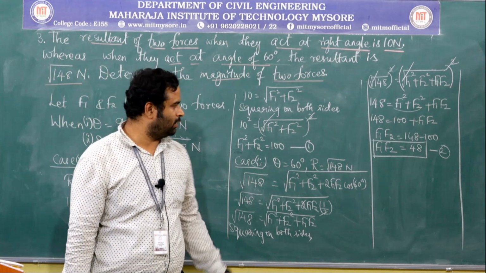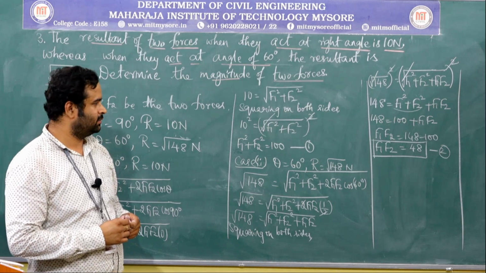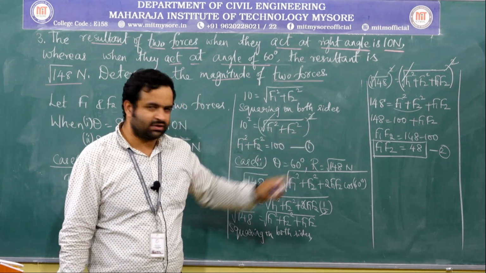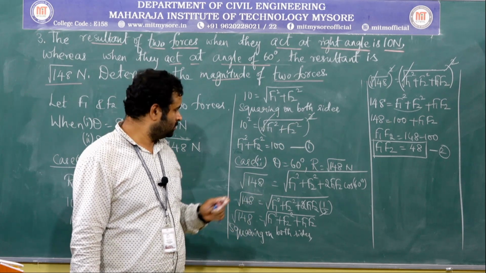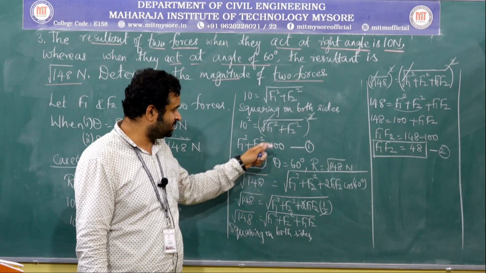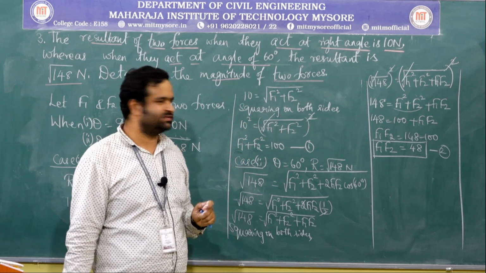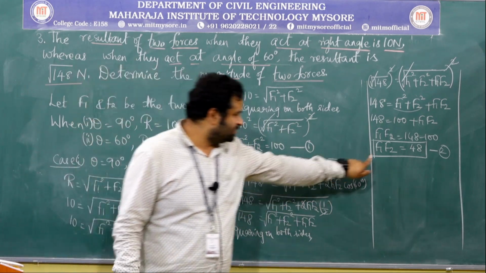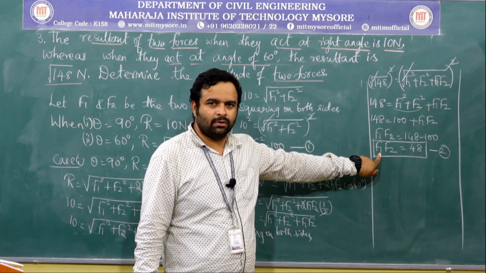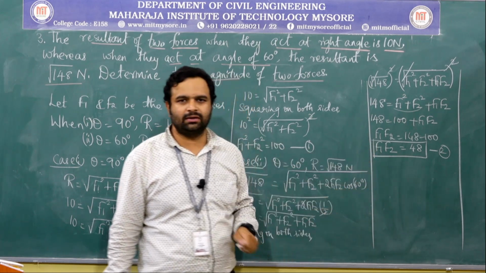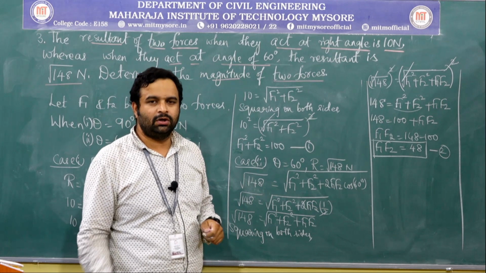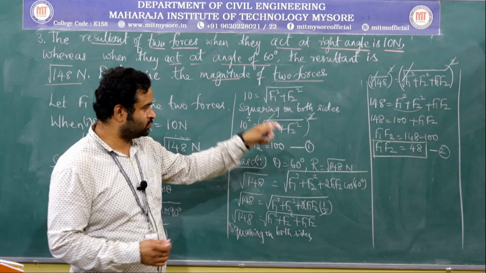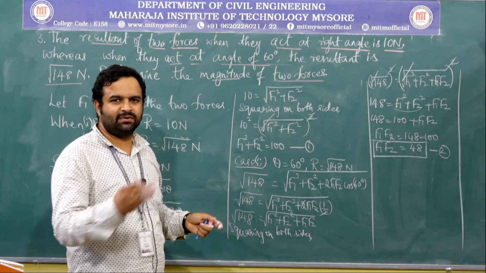Okay. Now what can we do to simplify? If you think of adding equation number 1 and equation number 2, that will be F1 square plus F2 square plus F1 F2 is equal to 148. But if this term had 2 written before F1 and F2, we could have easily substituted F1 square plus F2 square plus 2 F1 F2 as F1 plus F2 whole square.